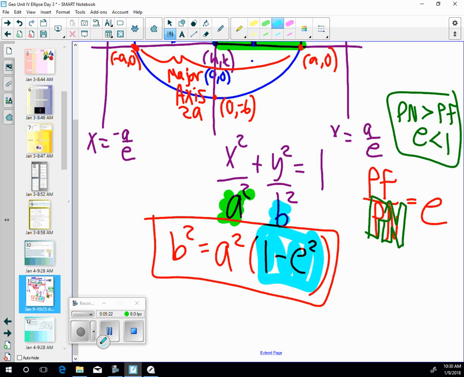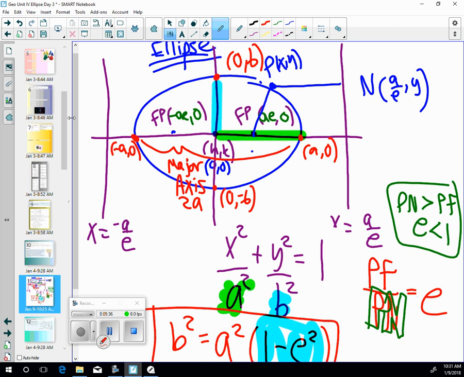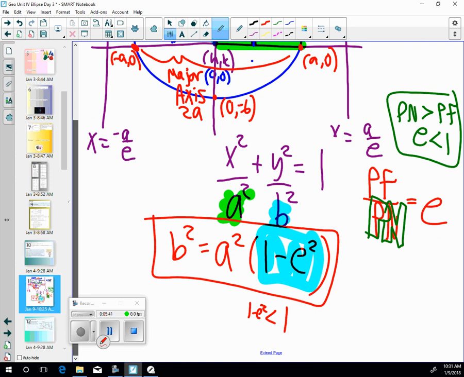If this is less than 1, which it is, then what does B have to be compared to A? Has to be less than, yeah. And so for this setup up here, B less than A, that works because of the 1 minus E squared.